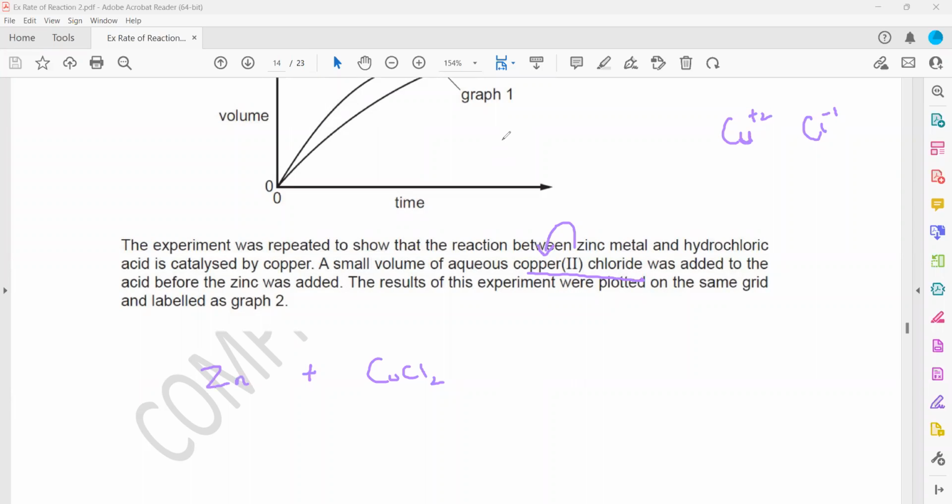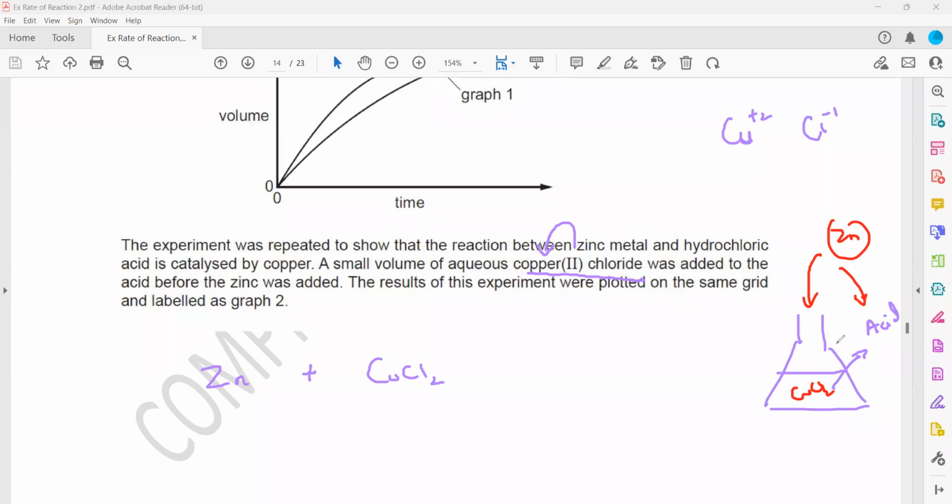The basic idea is that first we were having acid. Copper does not react with acid. In this acid, we add a small amount of copper chloride. So CuCl2 is there, but there will be no reaction between them. Zinc displaces the copper. When we add zinc metal, two things will happen.